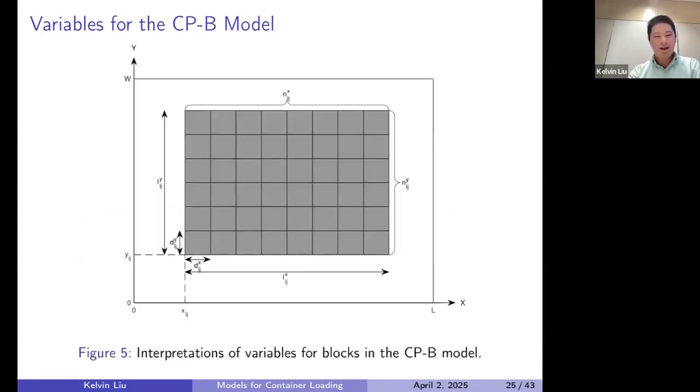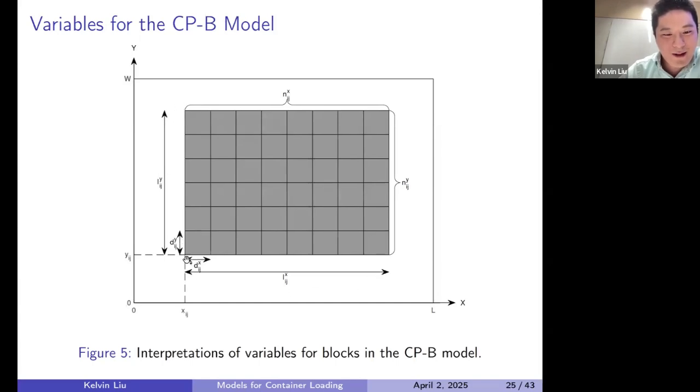I added a figure here to explain the various variables that come into play for defining blocks. This is just projected to 2D, so you have the x and y axes. Zero up to L and 0 up to W is the entire container. Then xij and yij are the bottom left front coordinates of the block. Dx and dy are the dimensions of a box in the x direction and the y direction respectively.